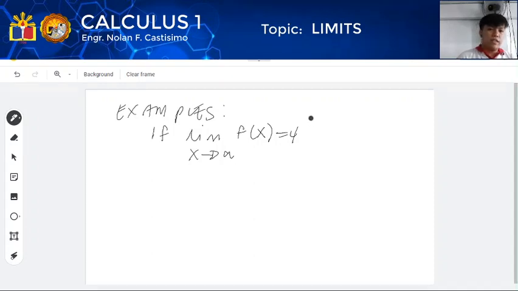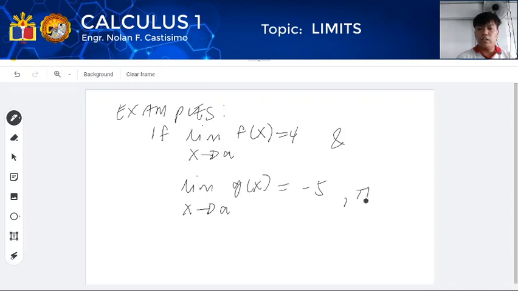So, yan. And the limit of g of x as x approaches a is equivalent to negative 5. Then, pwede na tayong mag-proceed sa ating example A, B, and C.